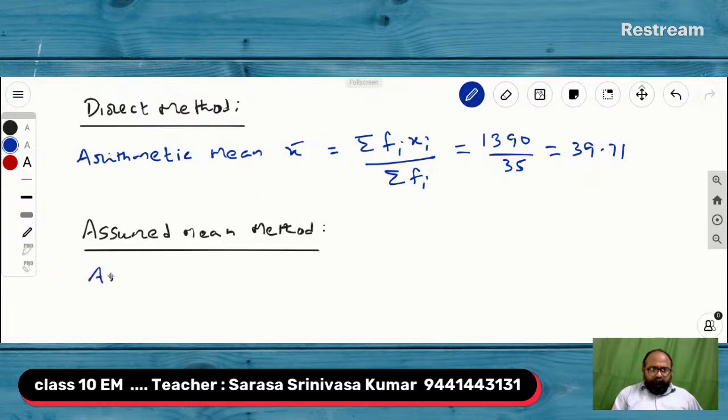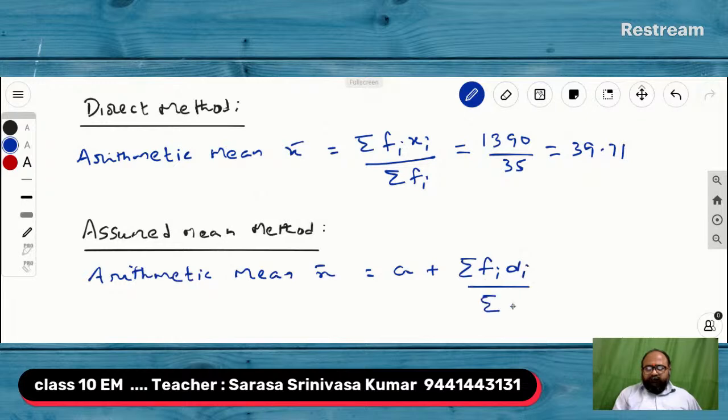Arithmetic mean x bar equal to a plus sigma fi di by sigma fi.